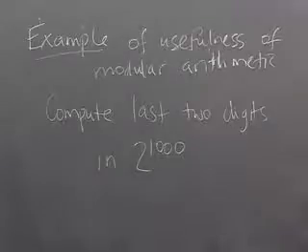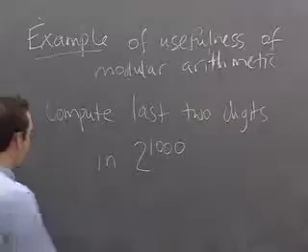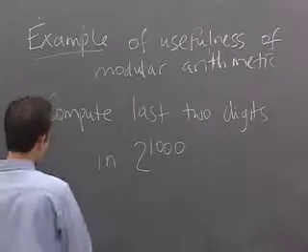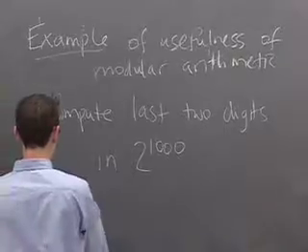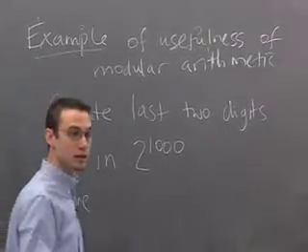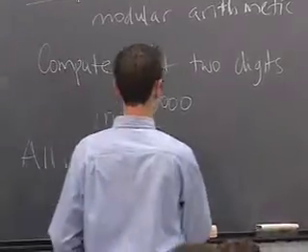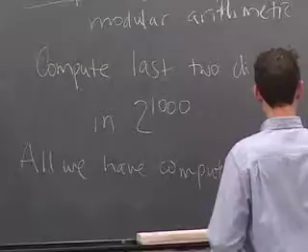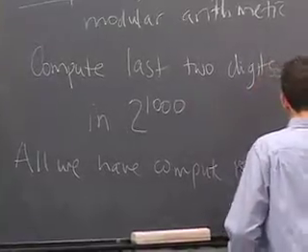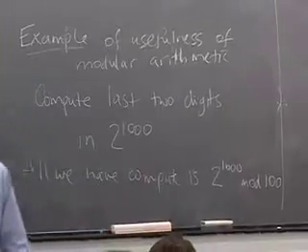Go ahead. It's the remainder. Exactly. So all we have to compute is 2 to the 1,000 modulo 100, which makes the whole problem extremely manageable.